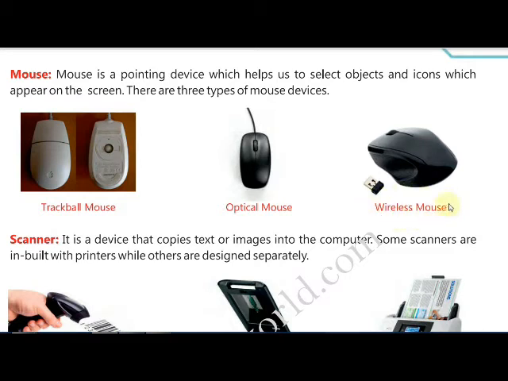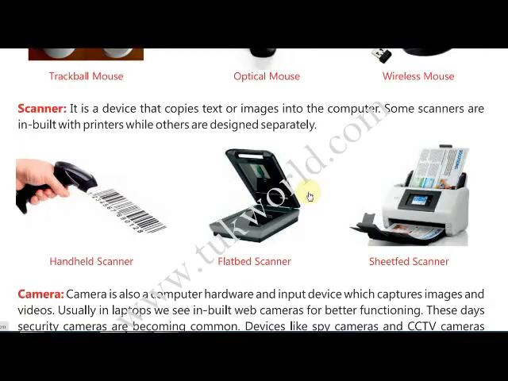This type of mouse doesn't have any kind of cable. It works without a cable, and it has a laser beam. It controls the mouse pointer coordinates using a laser. Understand?